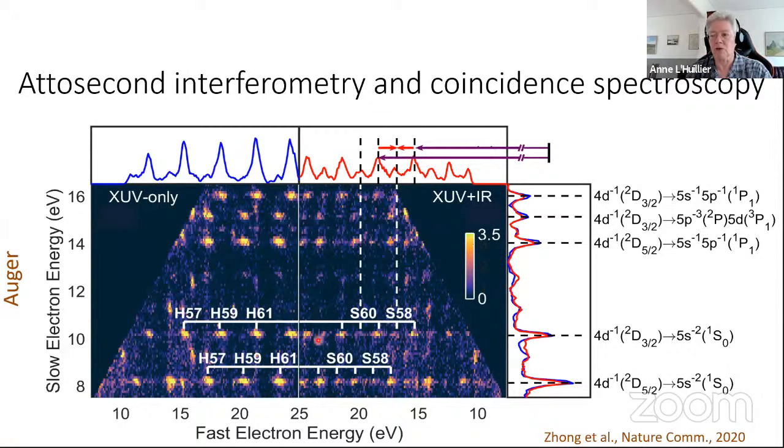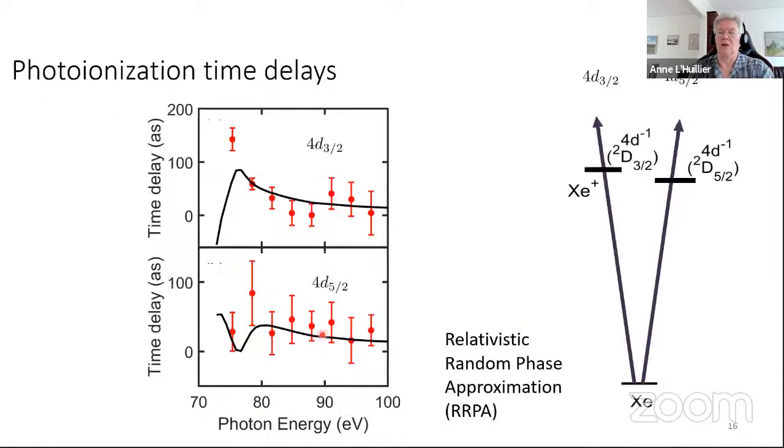So let me now concentrate on the photoelectrons. And here is the main experimental result showing the time delay of the photoelectron as a function of photon energy for the two spin orbit states.